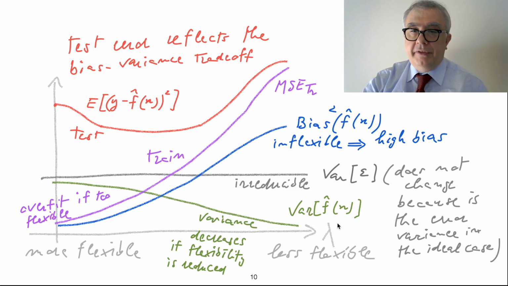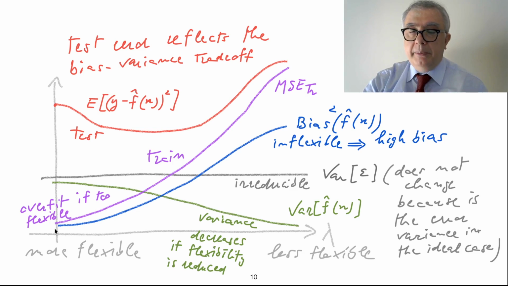Then I have the variance of the estimator. When I am very flexible, the variance has the highest value, but when I reduce flexibility, it decreases, and this is what happens to variance. This is the opposite for bias. Here I have the curve of squared bias.